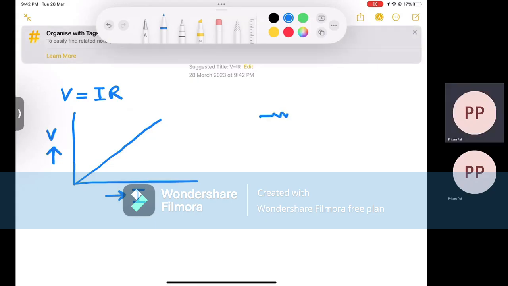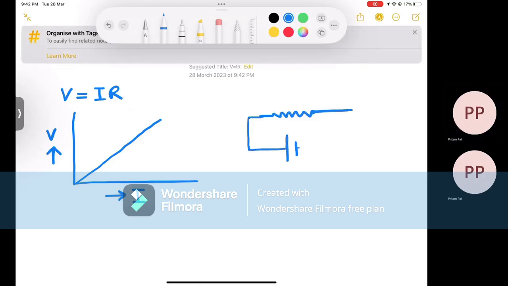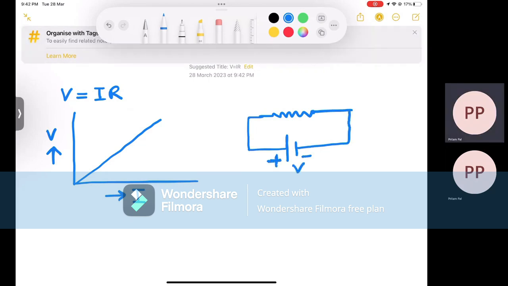Suppose we have a resistance in the circuit. Suppose we connected the resistor with the battery. This is the voltage applied across the resistor. If the current flowing through the resistor is I, then the resistance will be V over I according to Ohm's law, right?